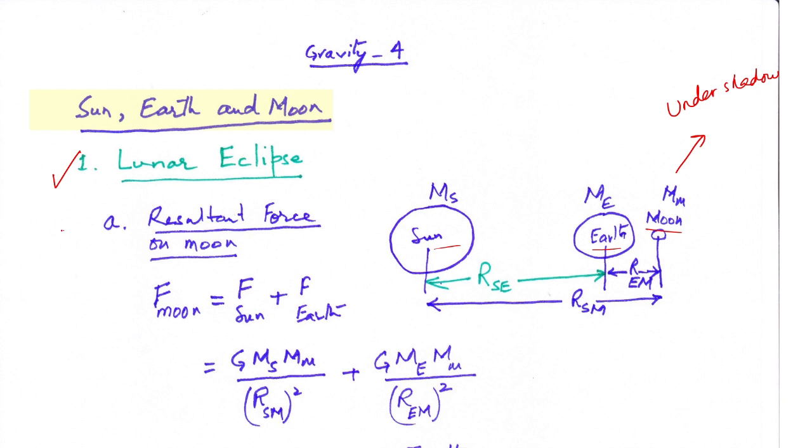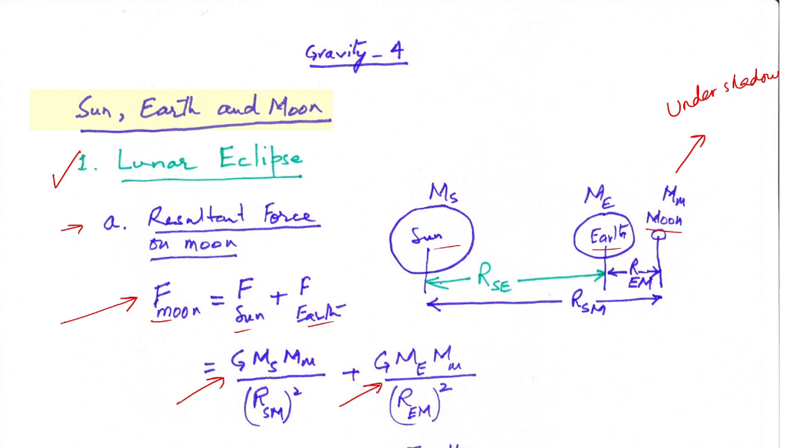Can you see that resultant force on Moon will be because of Sun and Earth, and the direction of both the forces will be in one direction, that is leftwards, so they are going to be added. So resultant force on Moon will be equal to F sun plus F earth, and we put in the formula to find the total force.